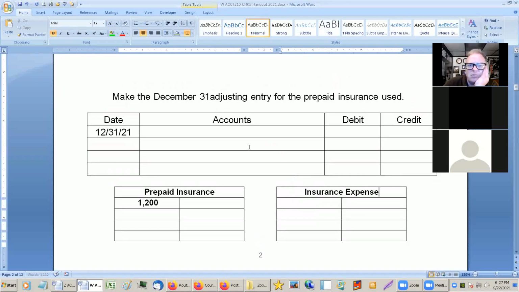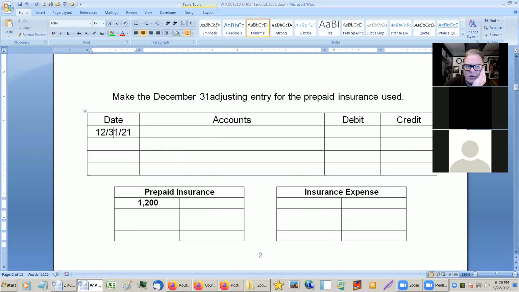Okay, so how are we going to adjust this prepaid insurance? We've used up 900 of it. So we really don't have 1,200 of prepaid insurance as of 12/31.